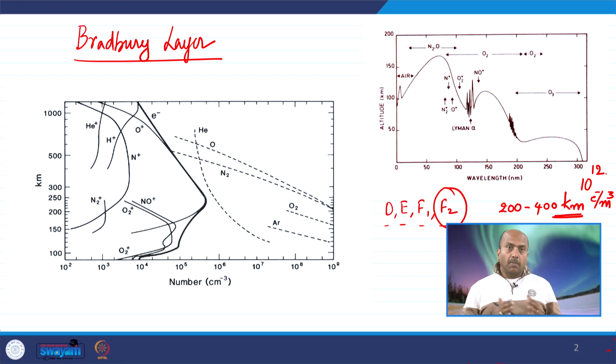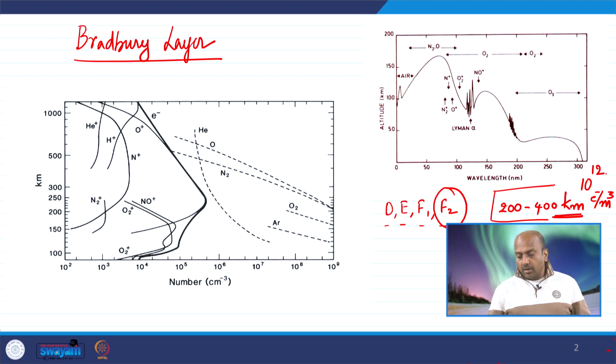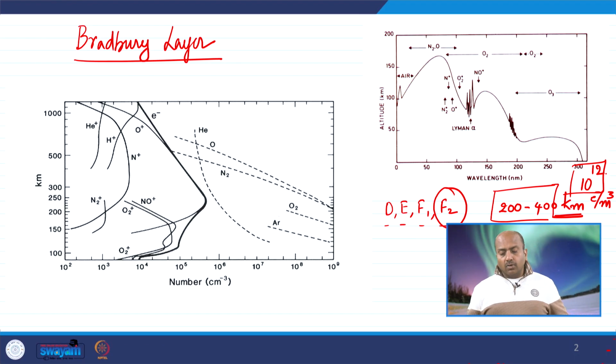Each layer is marked by a turning point where the electron density slightly shifts in its slope with respect to the axis, right? Now, the most important thing, which I mentioned in the earlier lectures about height and electron densities: you remember that electron density increases upwards as we start from the bottom D region and move towards higher altitudes.